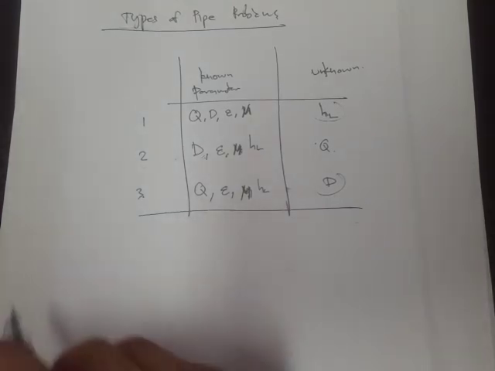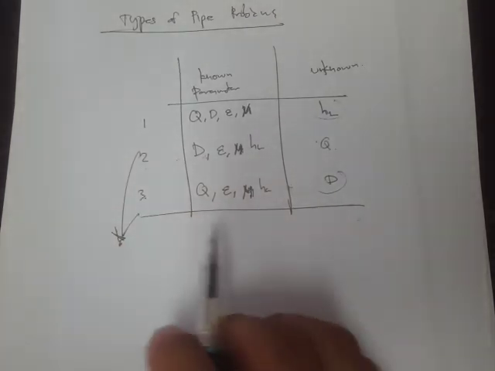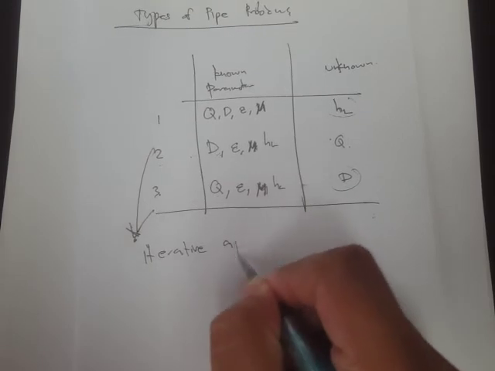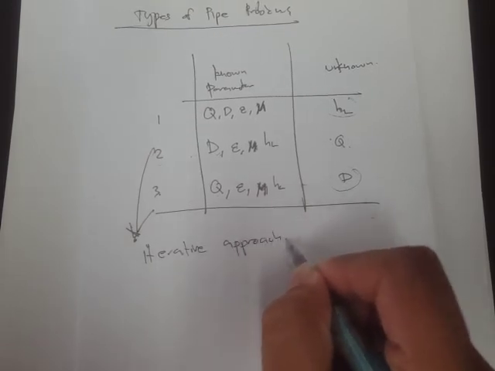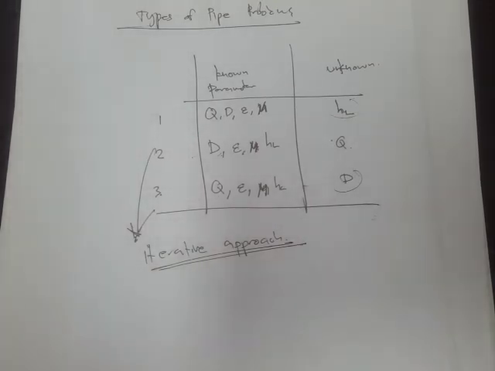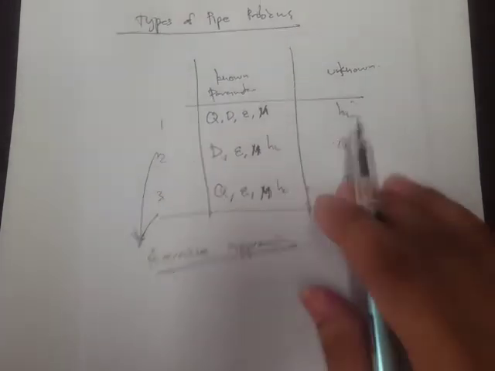And sometimes I think that type 2 and type 3 problems are more like an iterative approach. That means that you have to guess, for example, the friction factor, in order to obtain what we're looking for.